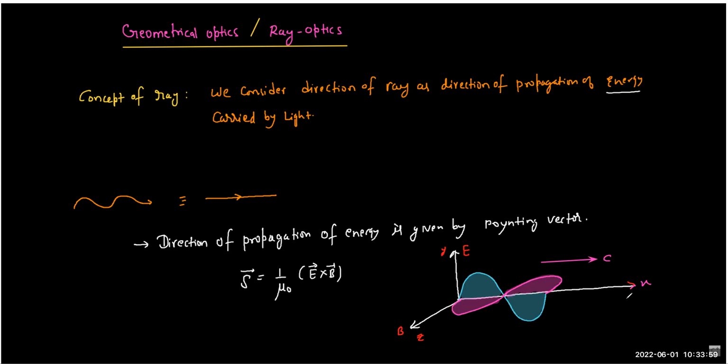All right. They may give you just E and B, and they may ask you how it is going to propagate. You may realize that these are oscillating fields.